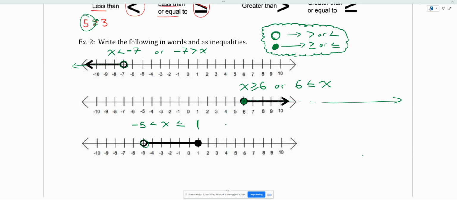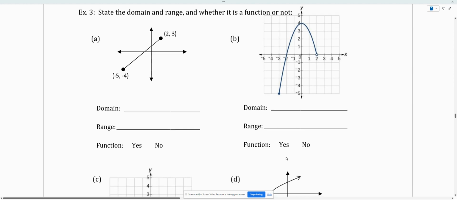If I write this a little bit smaller, basically we're saying the same thing, just a little tighter: -5 is less than x is less than or equal to 1. So we can think of -5 and 1 as the two boundaries, and x can be anything in between them.